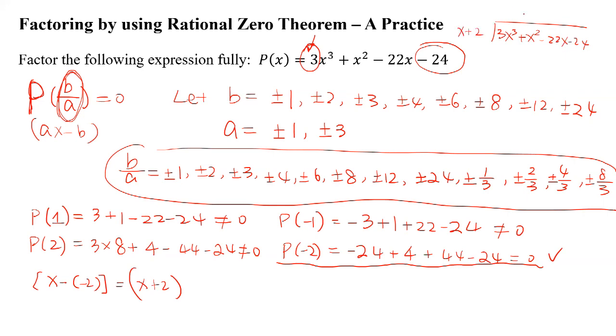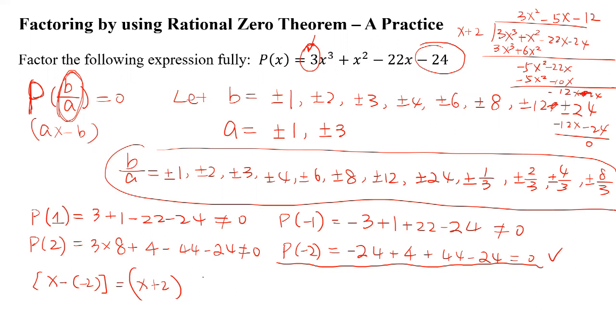You can try to land a 3x squared here. And then minus 5x. And then minus 12, right? Oh, sorry, this is negative 24.